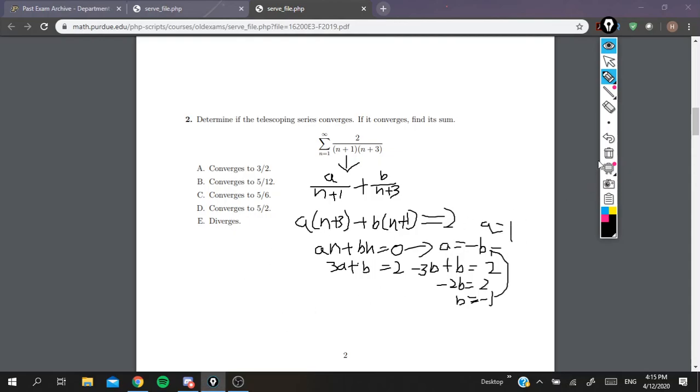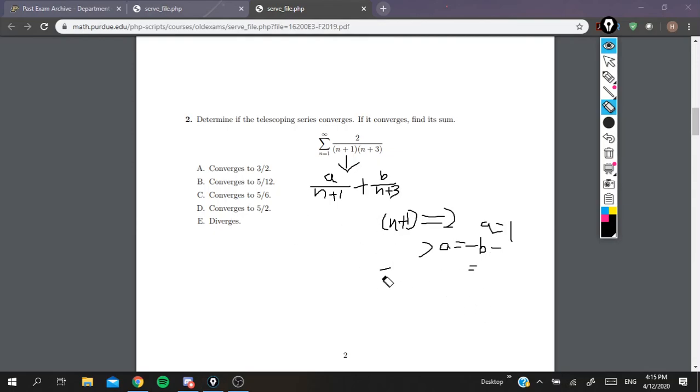So in that case, you would have a, so 1 would be here, and sorry, negative 1 would be here, and 1 would be here.